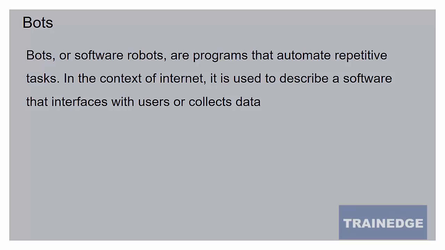In the context of internet and search technology, bots are used to describe software that interfaces with users and collects data. Specific to search technology, it means software that goes around from website to website collecting information about the pages on those websites.